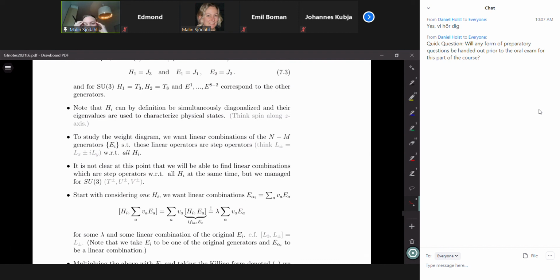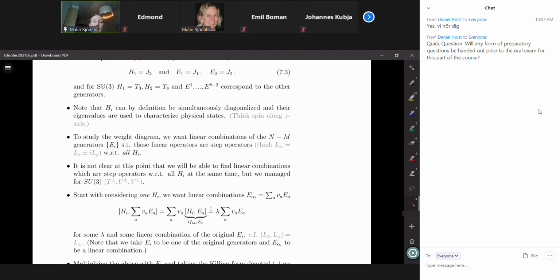Possibly one can think of the algebra as being some sort of intertwined multiple SU(2)s, and for each of them one should be able to find step operators, much like this, but it's not at all clear that one will find operators that are step operators with respect to all the different H_i.